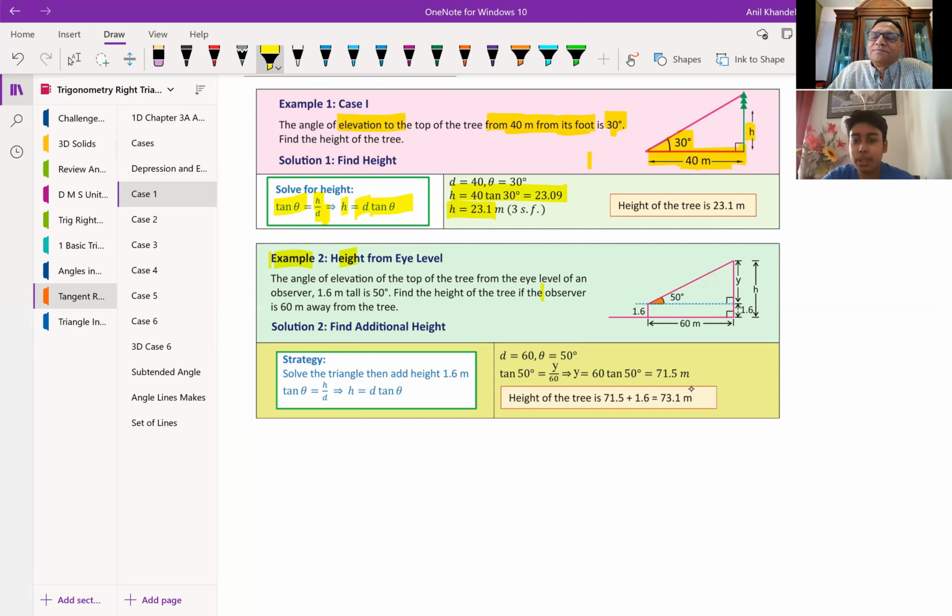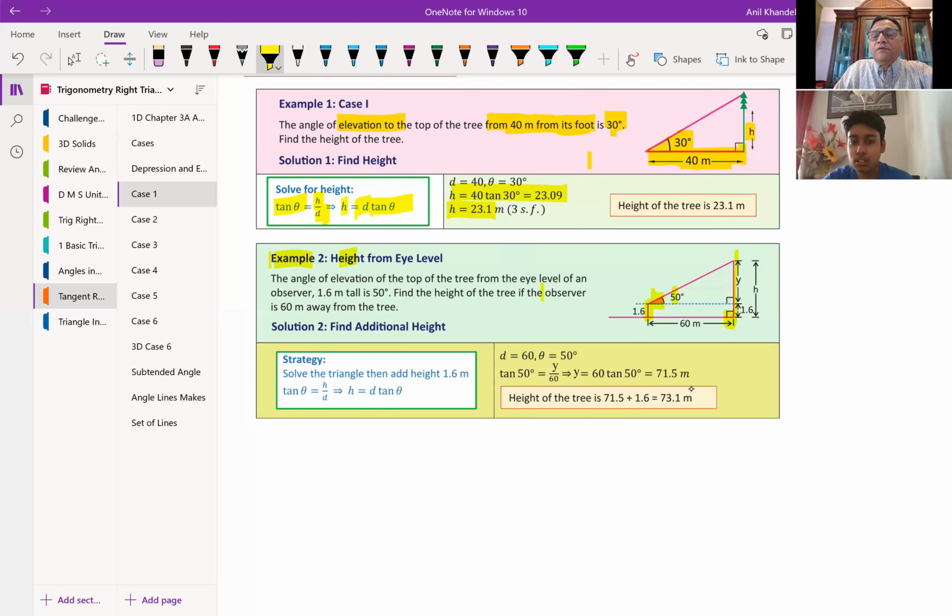The way it's different is because there are two heights, sir. One is the height at which the observer's eye level is, and the other one is the tree's height. Got it. Yes. So that is a slight difference, but it makes a lot of difference. So the observer is around 1.6 meters, and the angle of elevation, as shown in the figure, is 50 degrees.